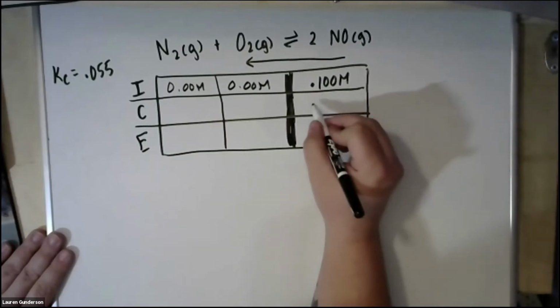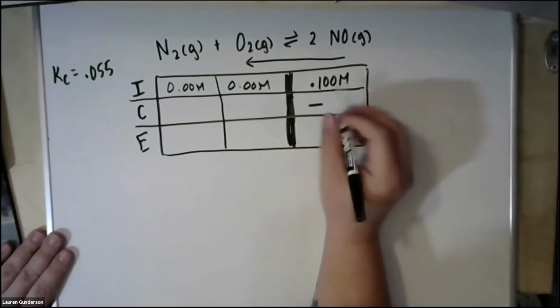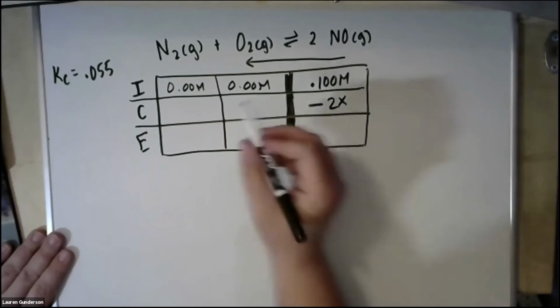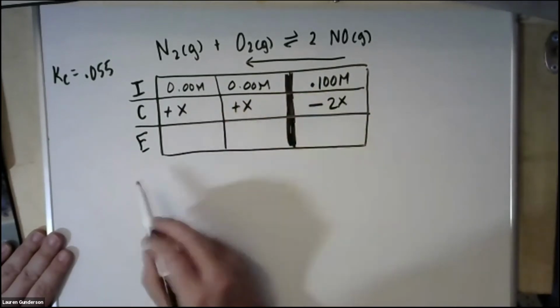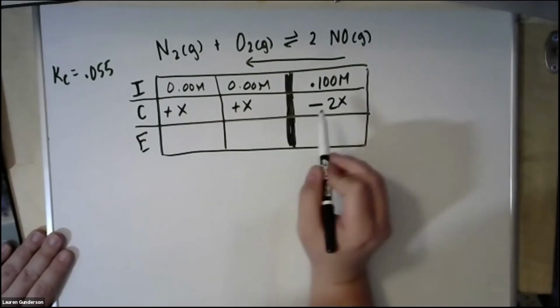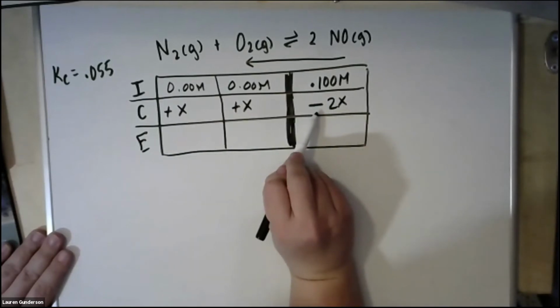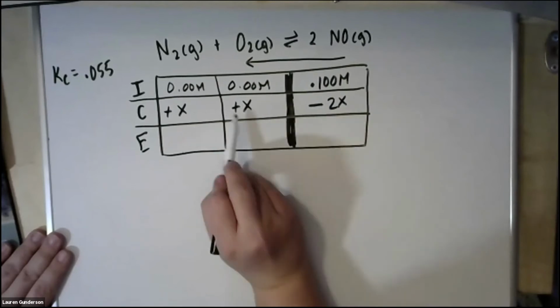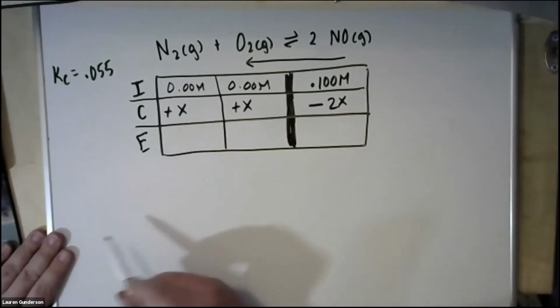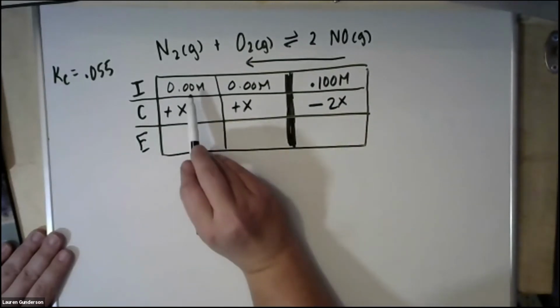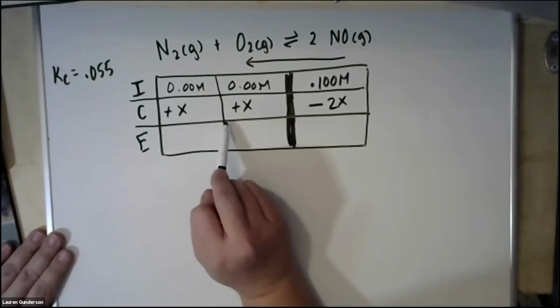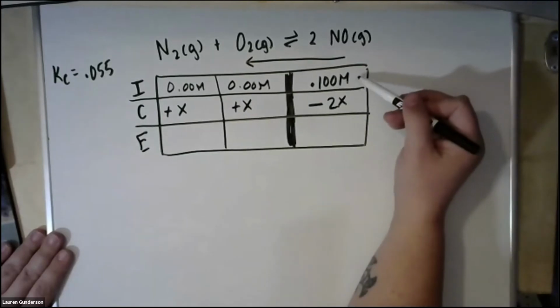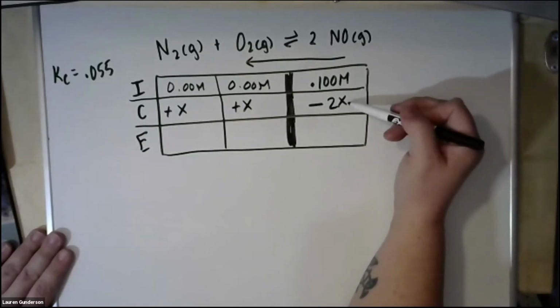So it's going to decrease in concentration as it starts to form oxygen and form nitrogen. That's why we have a minus sign over here with the NO and we have plus signs over here. If we're starting with no nitrogen, no oxygen, then we have to be creating it. And if we start with our 0.1 molar NO, we have to be using it up.